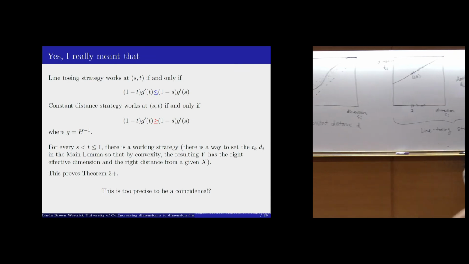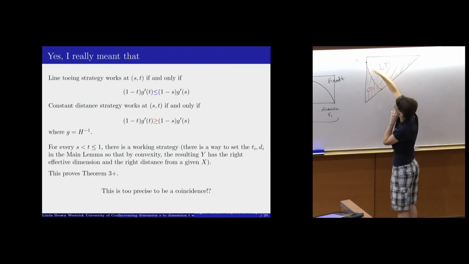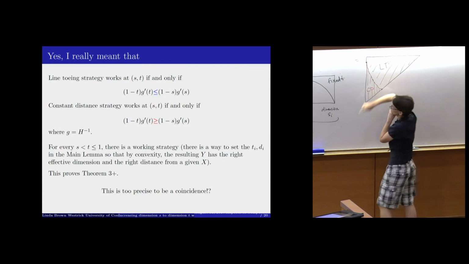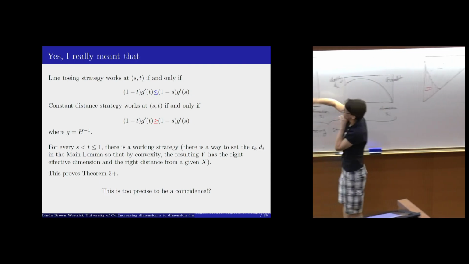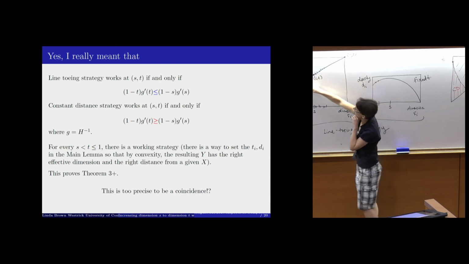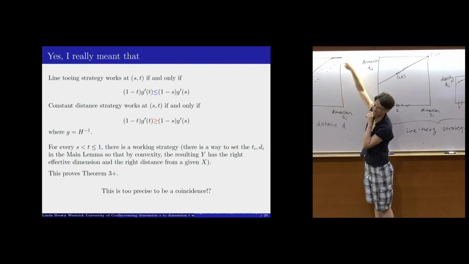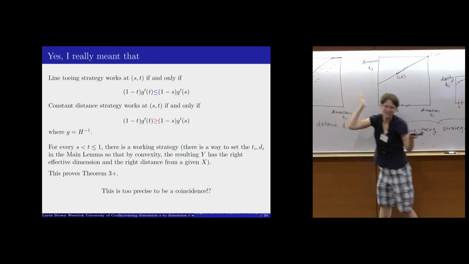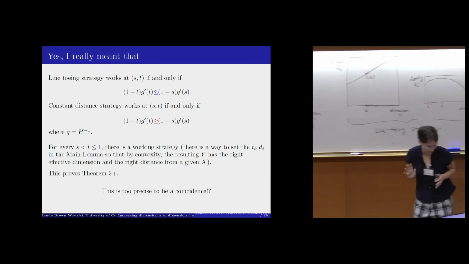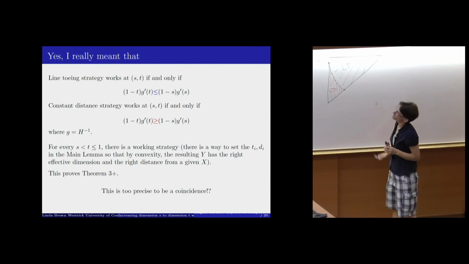So for pairs S, T that lie on this boundary, the reason that either strategy works is basically because this line is the same as this line. All right, that's the best I can do though. I don't really have a satisfying explanation for why that happened.